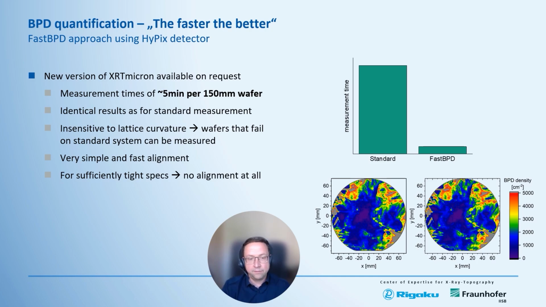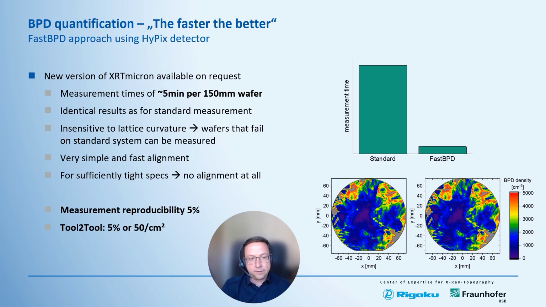Furthermore, we can add that these measurements are completely insensitive to lattice curvature. So that means wafers that fail due to a huge bow or curvature can easily be measured with this approach.